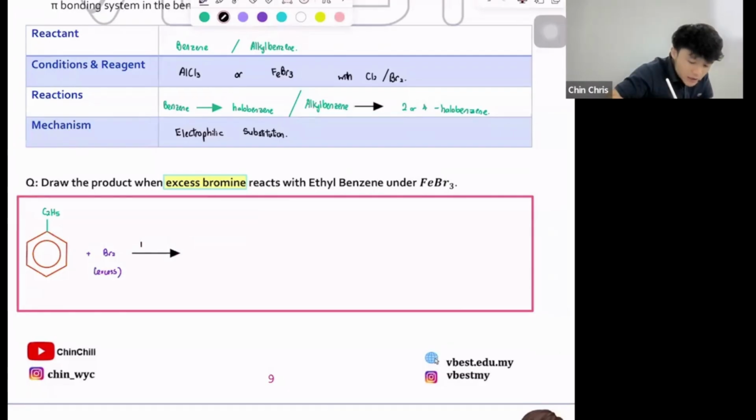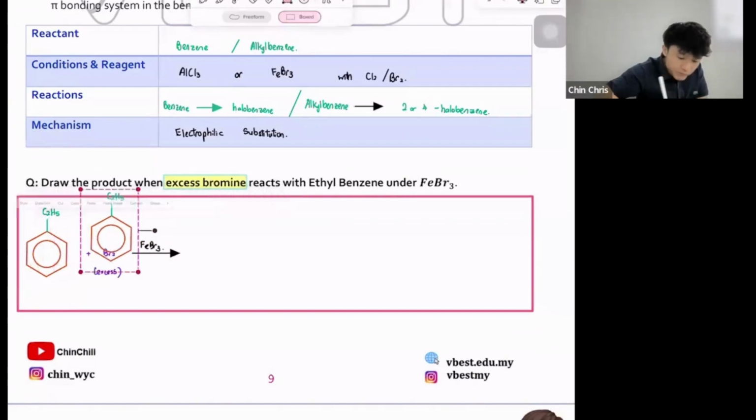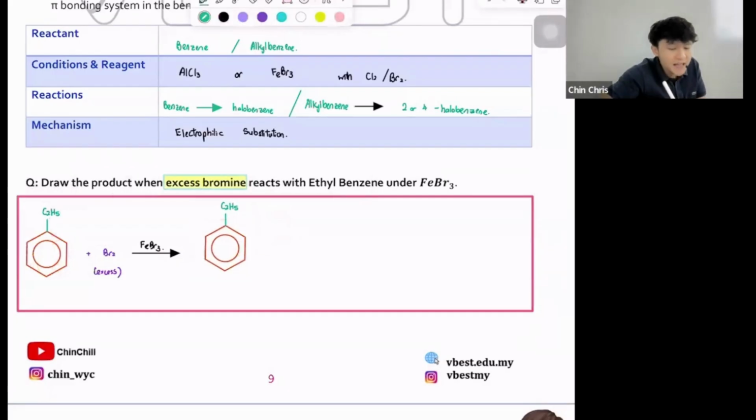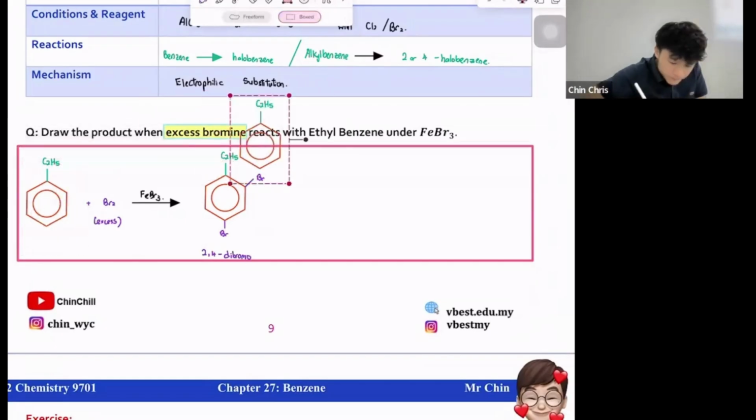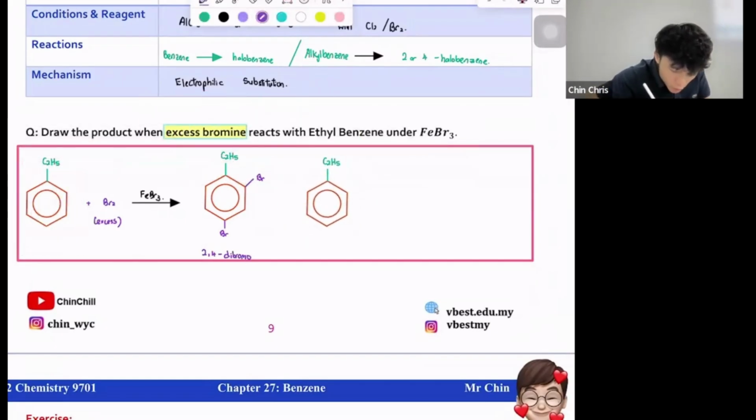This is under FeBr3. When it's in excess, it means two or more bromine are being substituted. So I can put my Br here, position 2, position 4. So you get a 2,4-dibromo. What else? 2,6, well done. Or you can get a 2,6-dibromo.